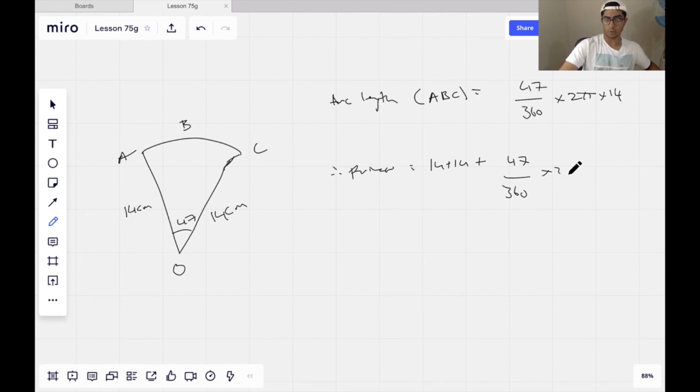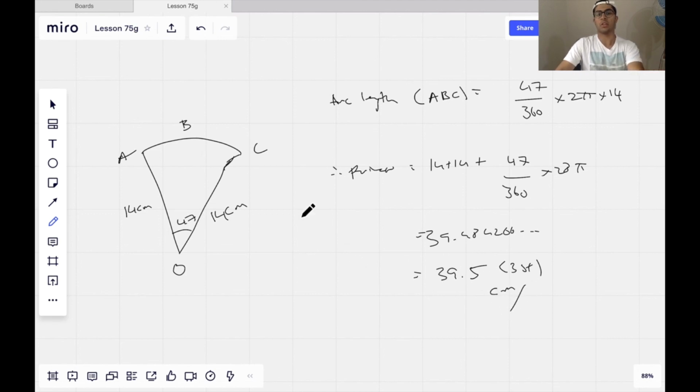It's times 28 pi, which comes out to 39.484266, and then to 3 SF, 39.5 centimeters.